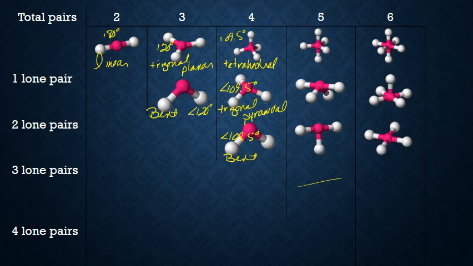I was looking at somebody else when I said it, but that's okay, because you can read a table for this one. 2 lone pairs gives us square planar. Good news is you do get to use a table for those. 3 lone pairs is T-shaped. And lastly, 4 lone pairs is linear.